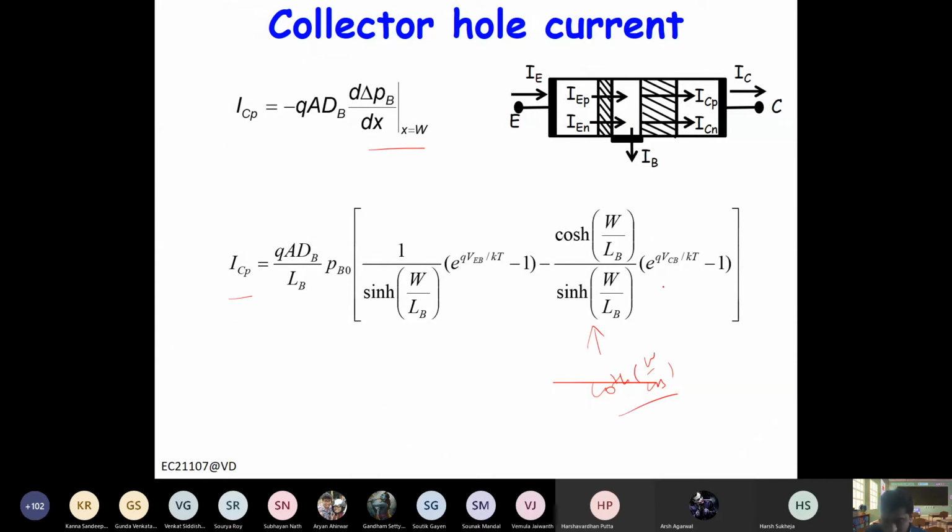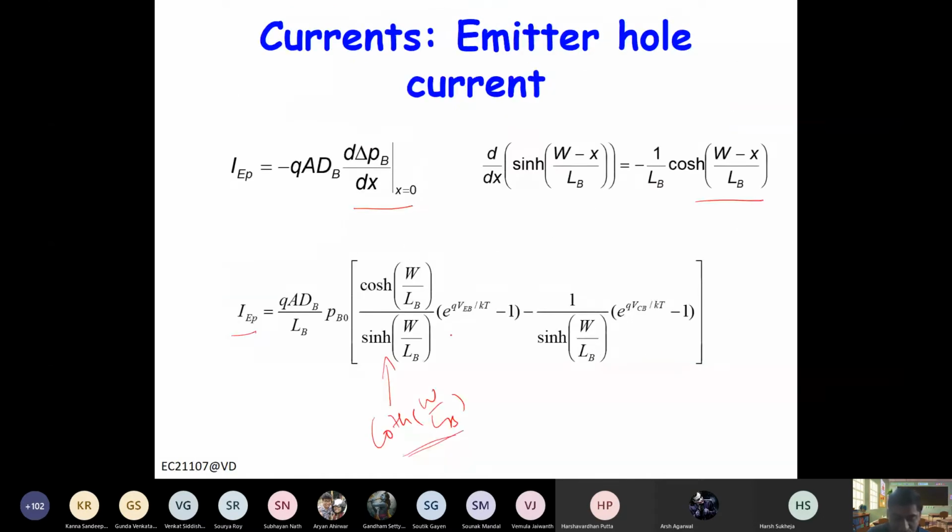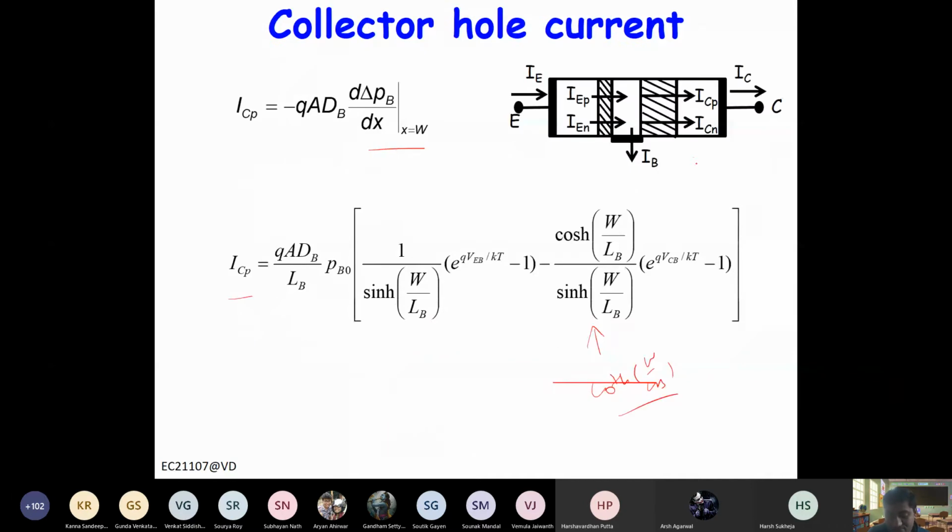So this is basically kind of a reciprocal thing. If you have base-emitter forward bias, then this coth appears for the base-emitter voltage, right? And if you are operating with base-collector forward bias, then this coth appears here, right?